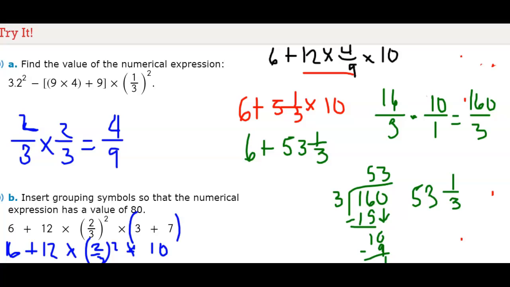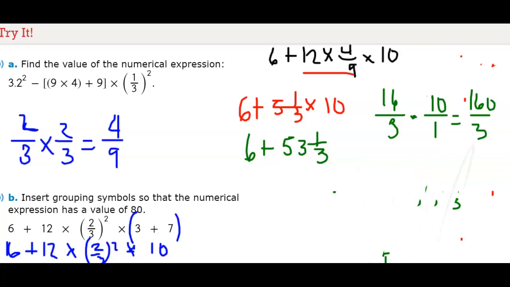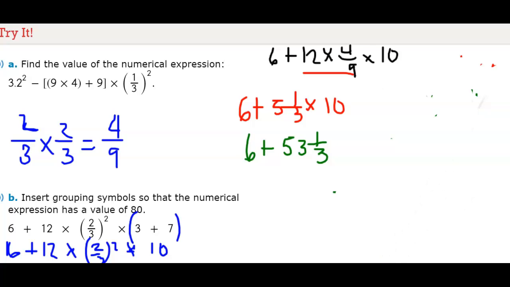So let's erase some of this so we can show that. So we have 6 plus 53 and 1/3.